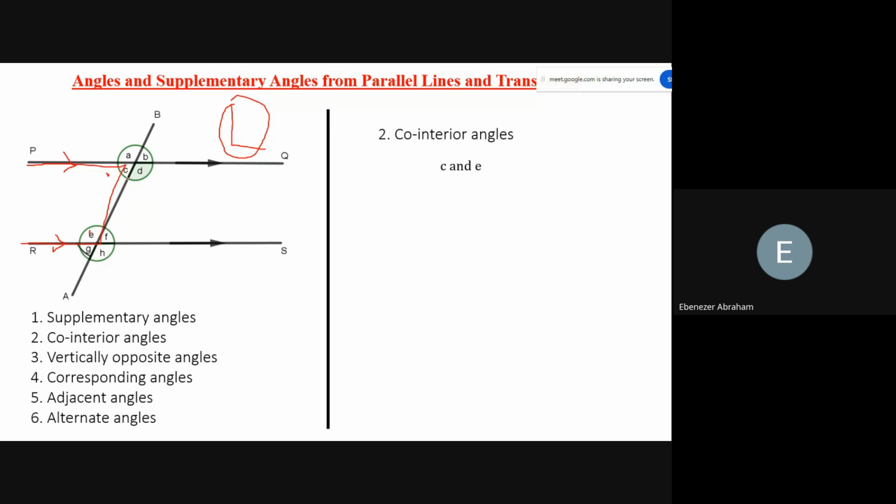So this shape is parallel to this one. The angles you find, to use the colloquial term, the corners there, are the co-interior angles, and they will always sum up to 180 degrees.